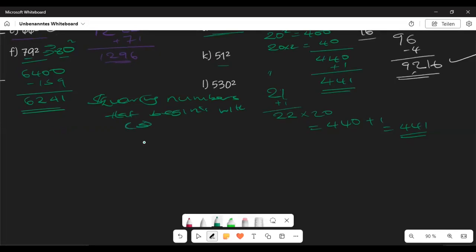That's going to be interesting, but we know every time you have a number that ends with 5, you can easily guess what the answer is likely to be. If you have 5 squared, that one should give you 25. In this case, if it's 50 squared, it should give you 2,500. But 5 squared alone gives you 25. So this is what happens. Any number that begins with 5, it's so easy to handle.